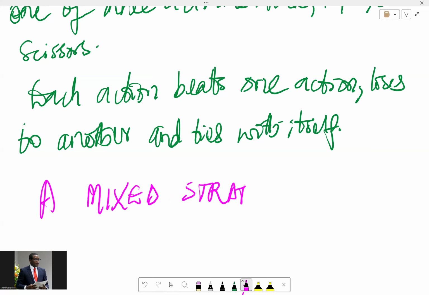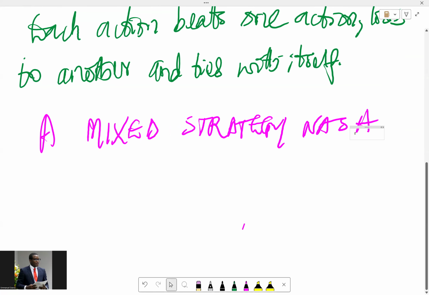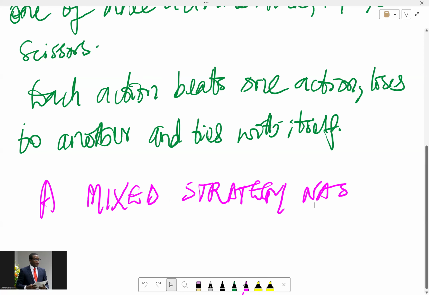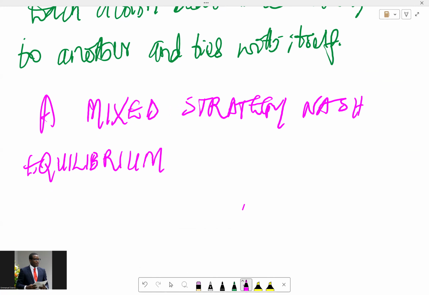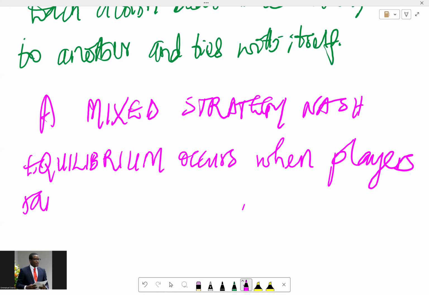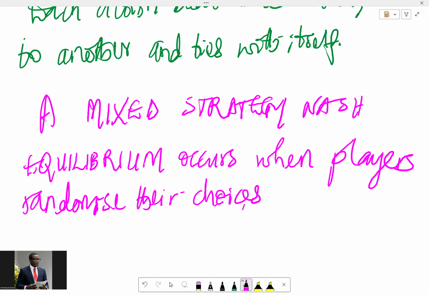A mixed strategy Nash equilibrium occurs when players randomize their choices. Randomization of choices is such that nobody can guess what you're going to come up with. So when you're playing, nobody knows if you're going to end up with a paper or rock or scissors.